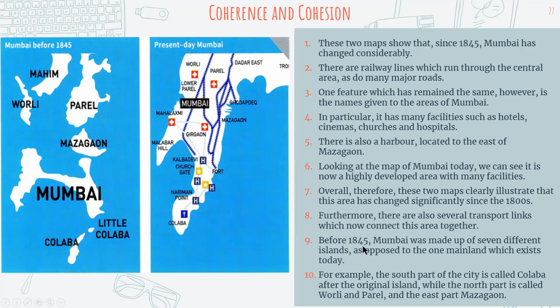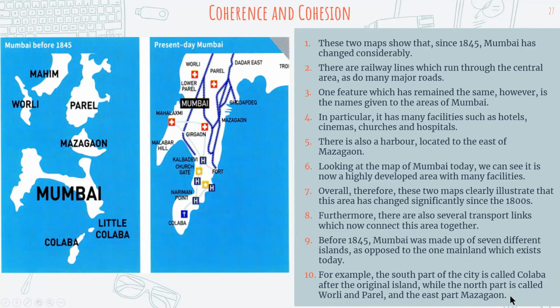Before 1845, Mumbai was made up of 7 different islands, as opposed to the one mainland which exists today. For example, the south part of the city is called Kolaba, after the original island, while the north part is called Worli and Parel, and the east part Mazagon.